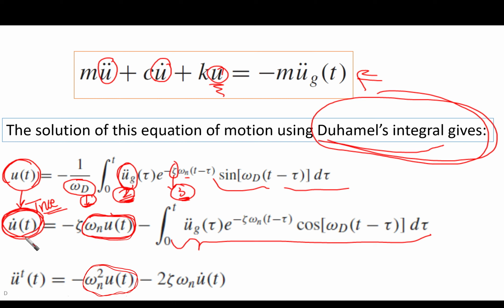And when we take the second derivative, we obtain U double dot total, which is going to be a function of minus omega n squared U of t. Take care of this term. There's a minus sign here, minus 2 the damping ratio omega n U dot. U dot is the velocity.